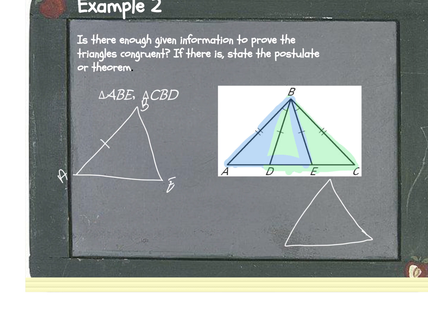They're telling me that these are congruent and this is congruent. And then they're stating C, B, E. This is congruent and these are congruent.